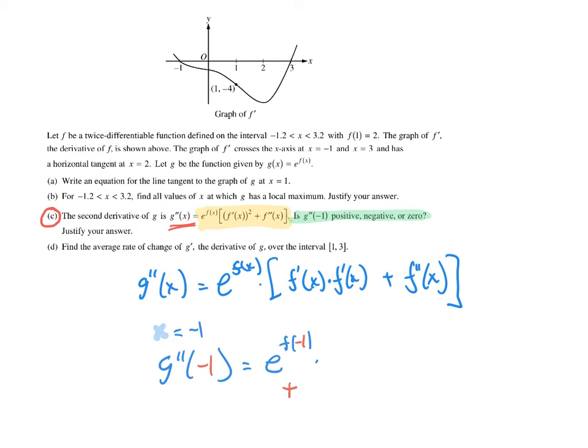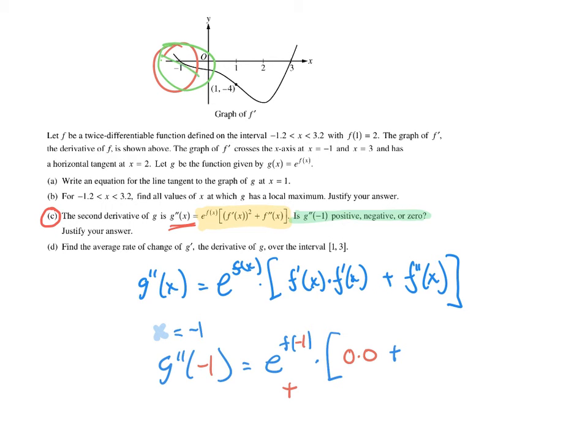Okay, now let's figure out f prime of -1 times f prime of -1. Well, here's f prime, right? And f prime of -1 is 0. So that part is just 0 times 0, which is just 0. And then we've got a plus sign. And we need to look at the second derivative of f, which would be the slope on this graph, right?